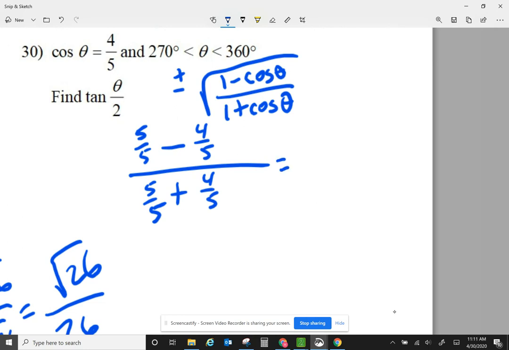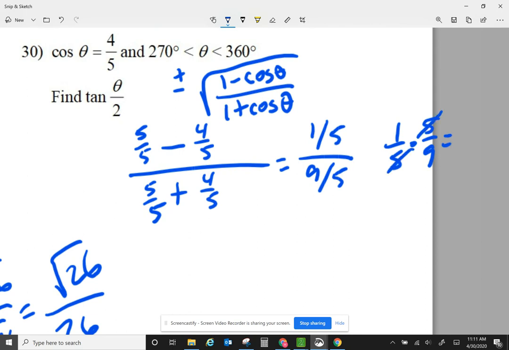That gives me 1 over 5 over 9 over 5. And then from here, I'm just going to do 1 over 5 times 5 over 9. My 5's cancel out, and I have 1 over 9.